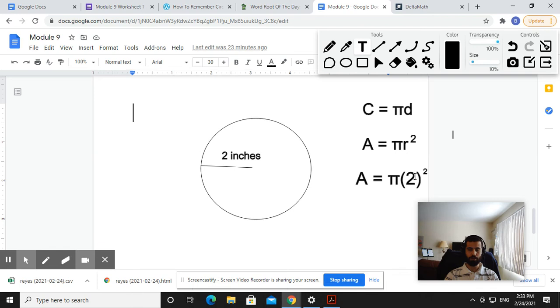So 2 to the power of 2, 2 times itself, is 4. So the area is pi times 4, or you could say 4 pi.